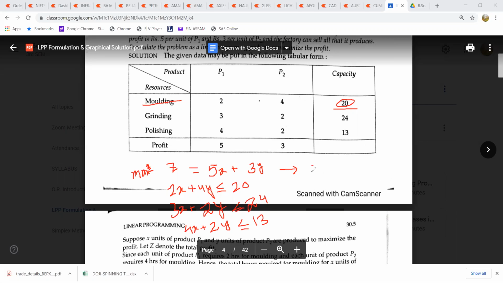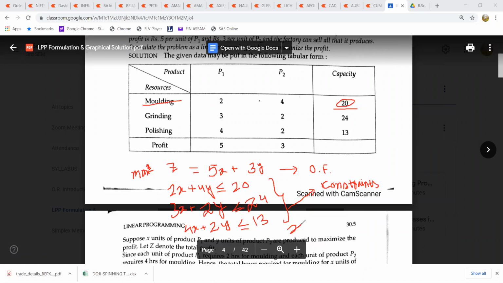So this is your objective function, and these are your constraints, or you can say conditions also. And then there is one more thing we have to add: the non-negative restriction.